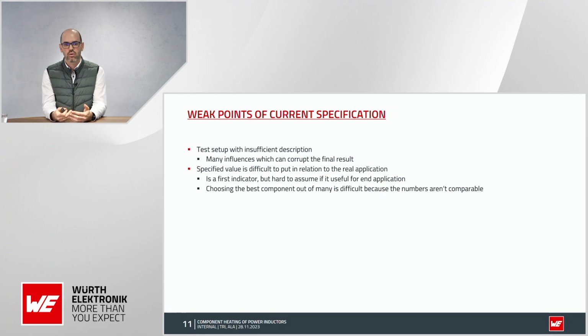So how do I choose the right part out of, let's say, 10 different parts, so that at the end I have, let's say, 2, maximum 3 pieces, which I will then check in my end application? I don't want to check all 10 of them. Nobody has time for this. So choosing or comparing the numbers based on the datasheet value is currently pretty hard. So the big question is how to improve that.